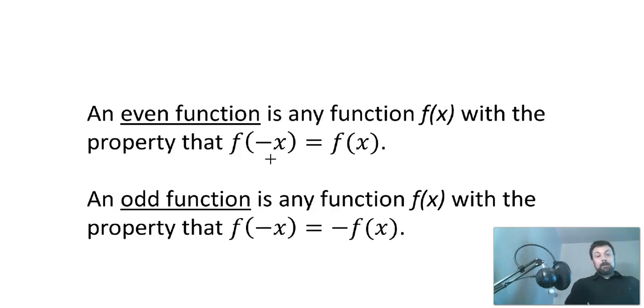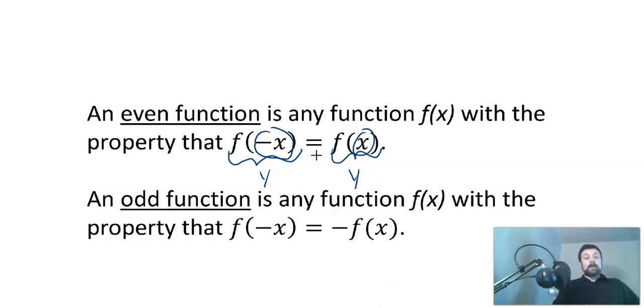Now, what's special about an even function? Well, remember, f of anything is a y coordinate. It's a y value, right? So this is producing a y value when I plug in -x to the function. This is producing a y value when I plug in positive x to a function. And we're saying that those two y values are equal to each other.